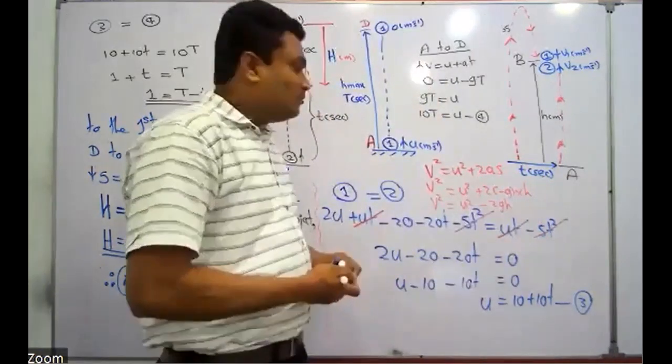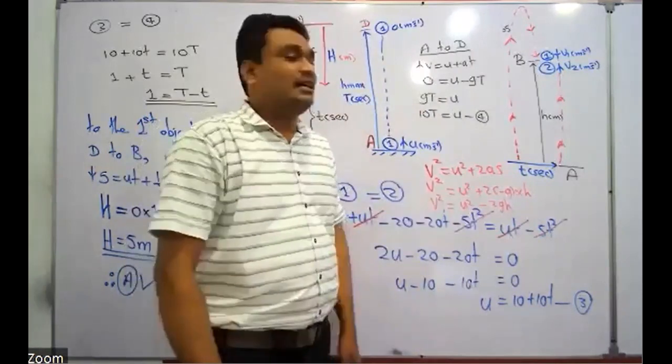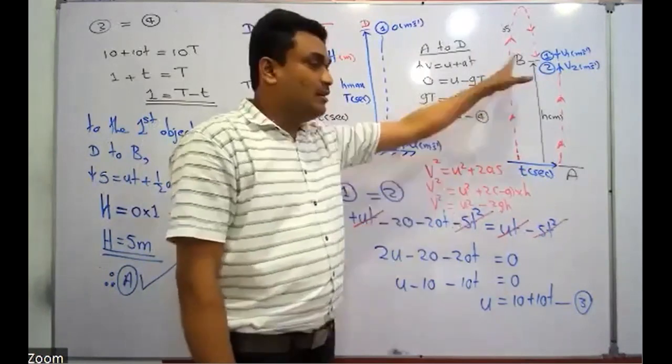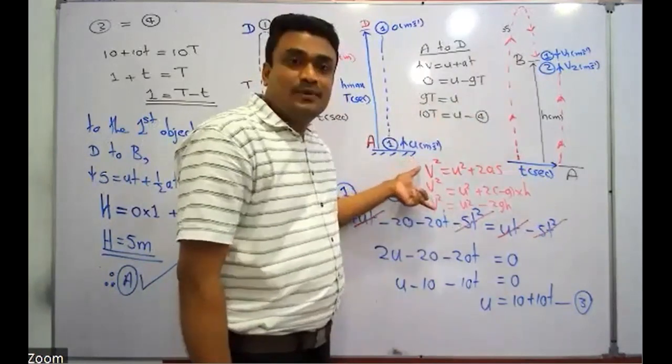So whatever the time difference, whatever the value of T, both should have the same velocity when they meet, according to this equation. Got it?